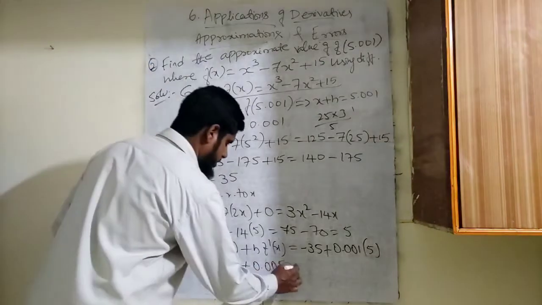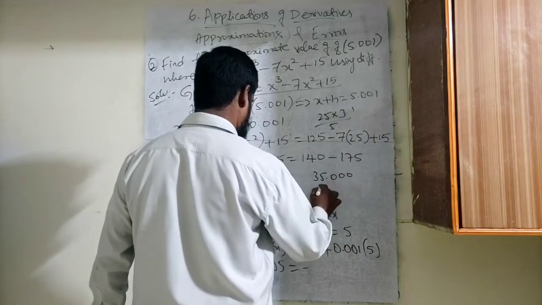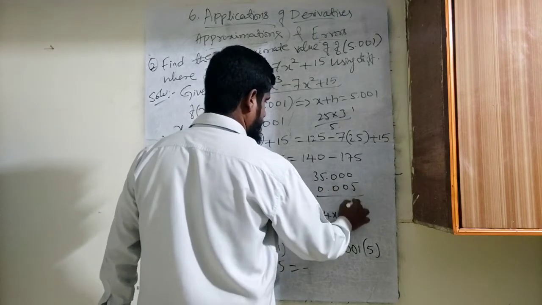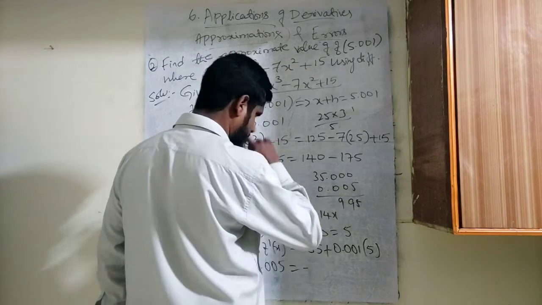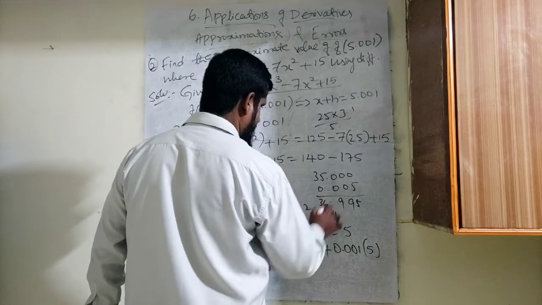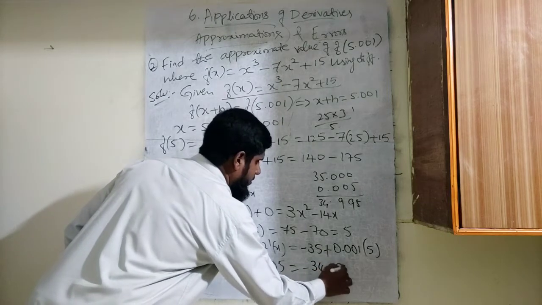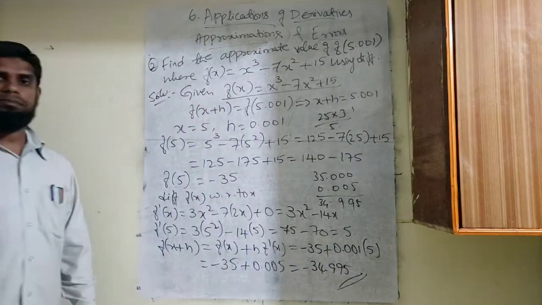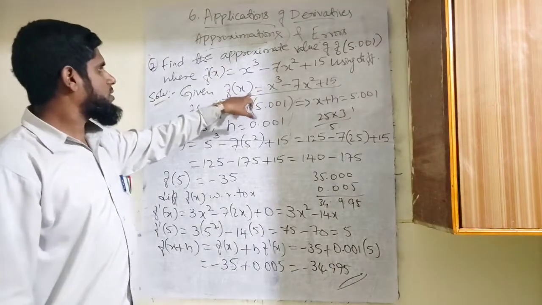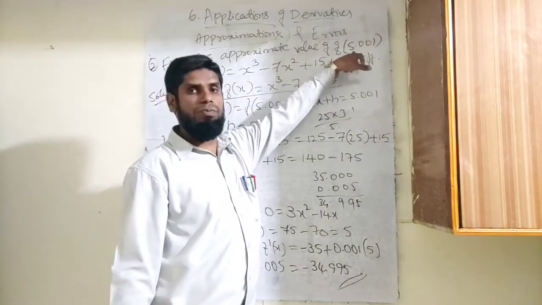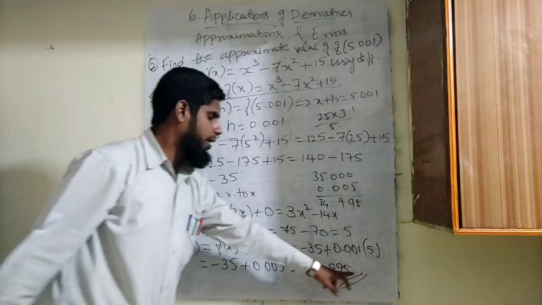So the final answer is minus 34.995. So the approximate value of this given cubic function at 5.001 is minus 34.995.